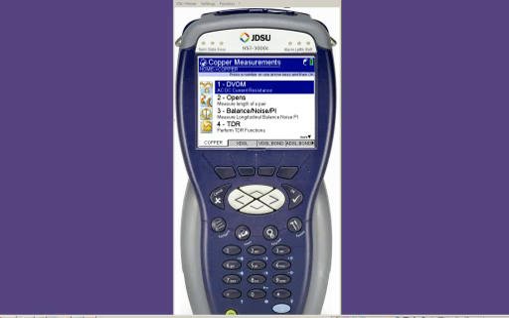To continue the walk around to the outside of the unit, the battery is on the back of the HST. It is a lithium-ion battery, and in my opinion, it's the best battery in the industry, hands down. Interesting thing about lithium ion I found out about 2 years ago is the battery itself is rated on charge cycles. The reason I think that may be important is that I spend quite a bit of time in the field with technicians, and most of them are equipped with either a truck charger or an inverter.